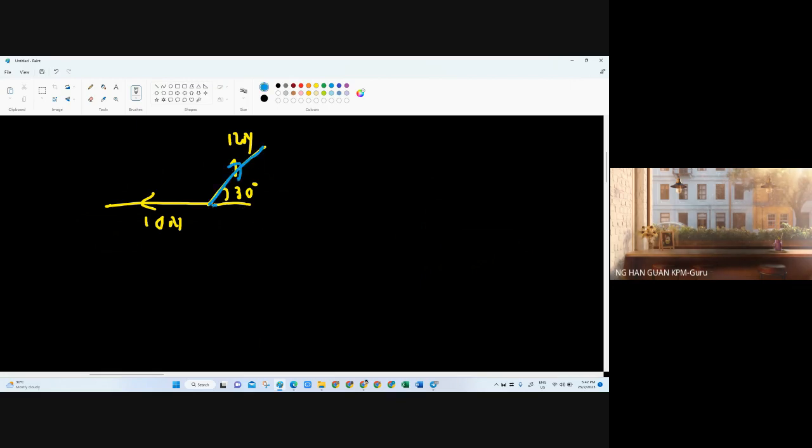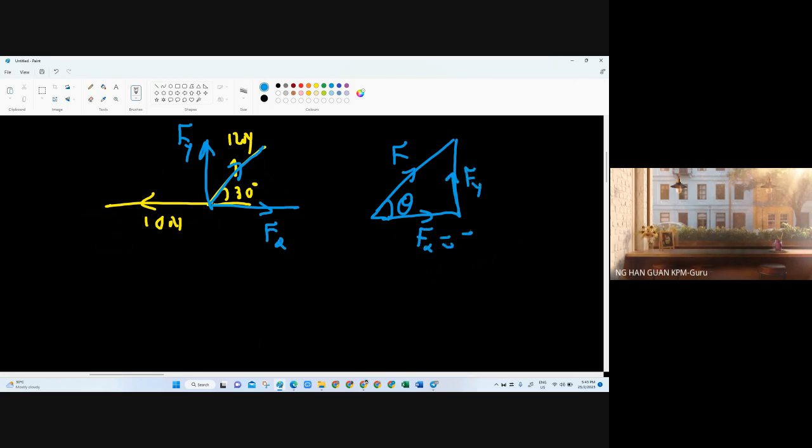So you need to know what is Fx and what is Fy. This goes back to the understanding of the right angle triangle. When you have theta here, where this one is F, you have Fx in this way and Fy in this way. So Fx equals F cos theta, and Fy equals F sin theta.